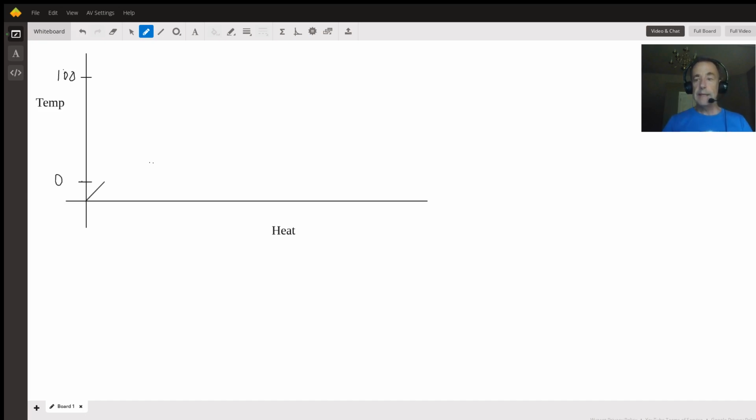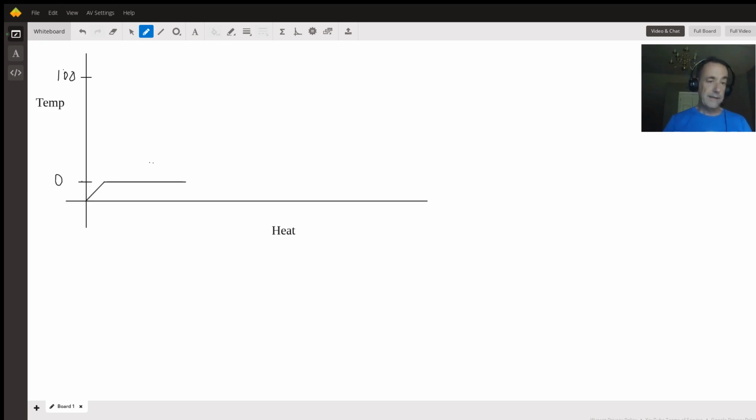Once we have ice at 0 degrees, if additional heat is added, it won't raise the temperature of the ice, but instead will convert solid ice into liquid water. Graphically, we can show a horizontal line, which indicates that while heat is being added to the substance, its temperature isn't rising.